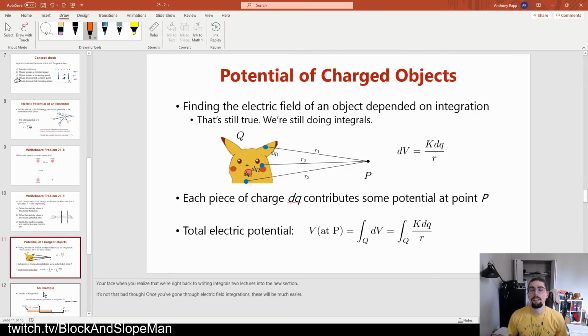We might remember that when we started talking about electric fields, we spent a fair amount of time looking at point charges and special shapes, and then we said, hey, what if it's not a point charge? What if it's actually a charge distribution, a three-dimensional object that has charge spread all the way throughout it?